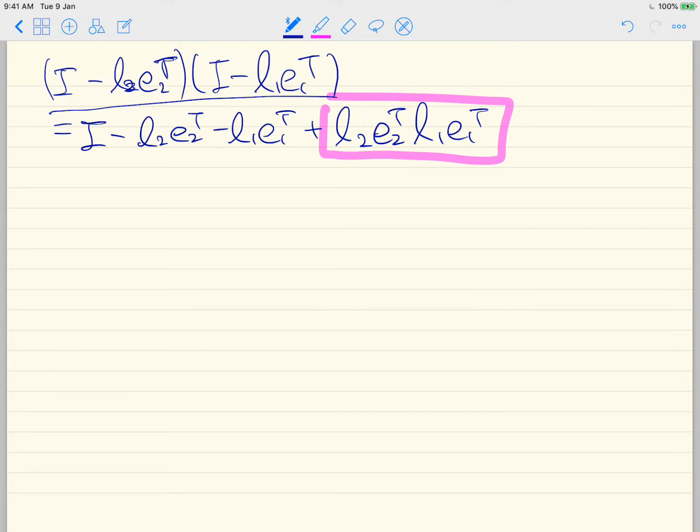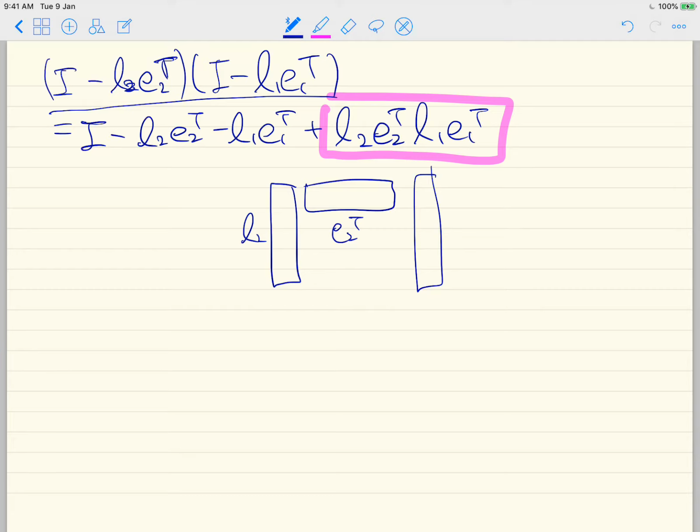Considering the shape of the matrices, as we saw in the previous slide, this is L2 times E2 transpose, and this is L1 times E1 transpose.